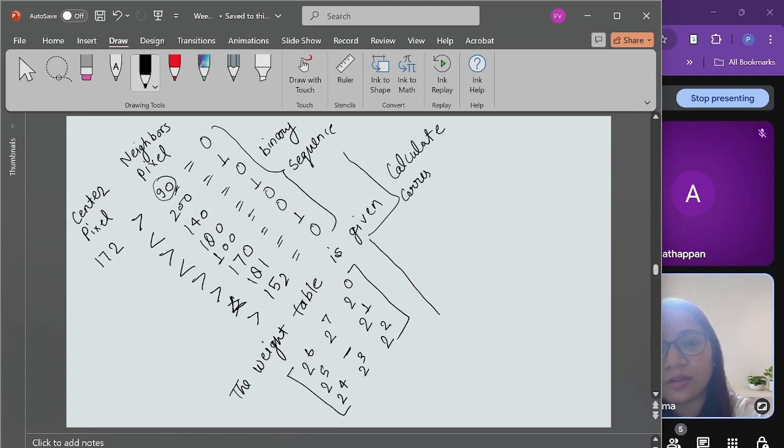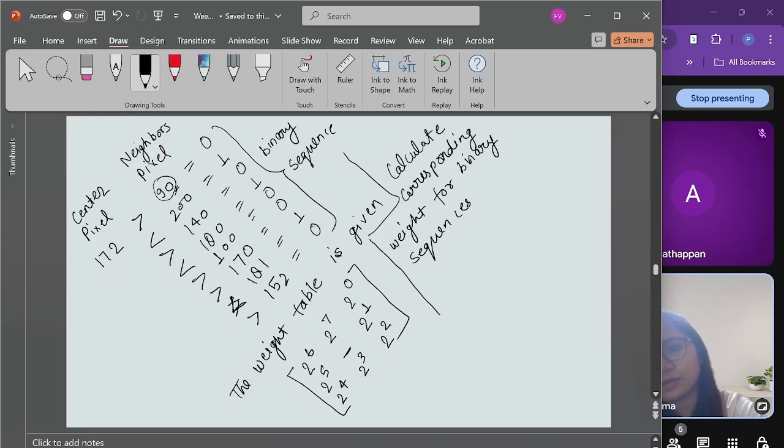So let's say, for the pixel 90, the binary sequence allocation is 0, for this one 0, right?